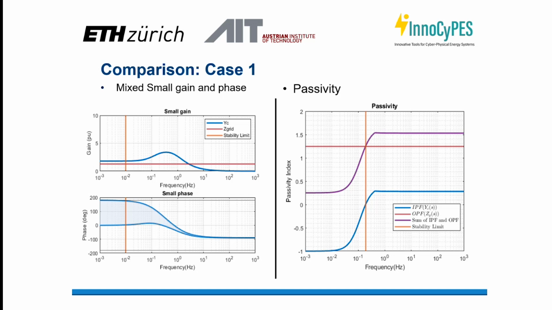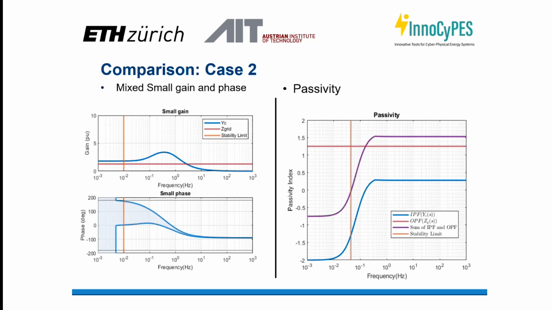But what happens if, using the same converter, we just change the linearization point? Now, with the new linearization point, we see something quite interesting here. It is kind of the same plots for the small gain, so I will not go through them again.